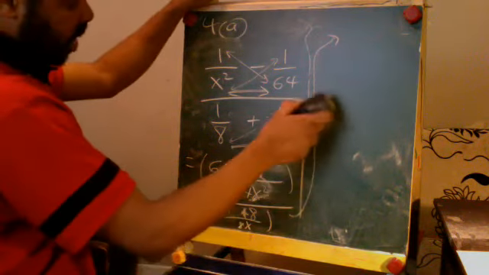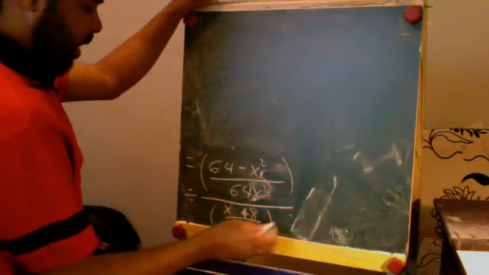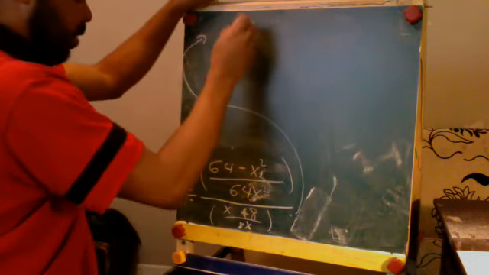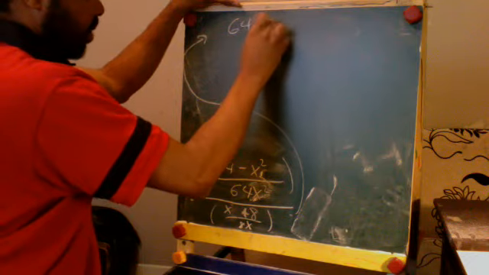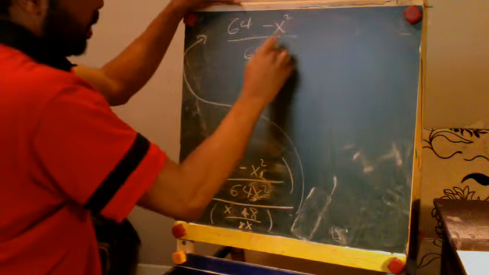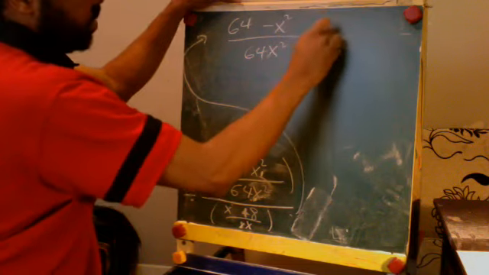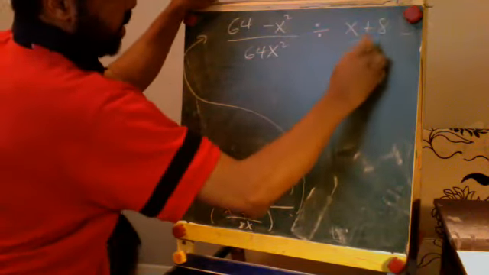And if you look at that as a division, what you really get is 64 minus x squared over 64x squared, and you're dividing by x plus 8 over 8x.